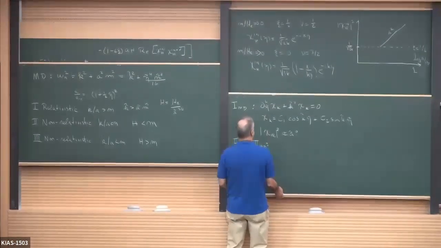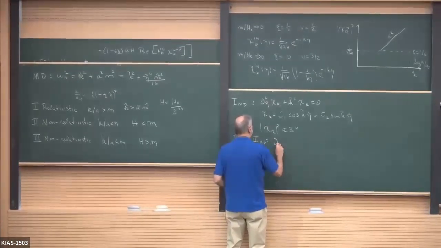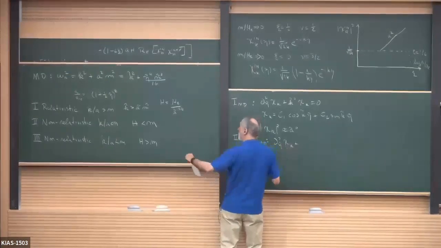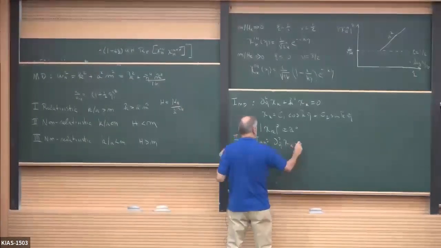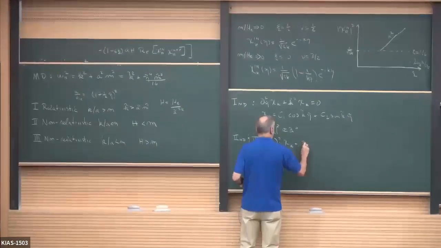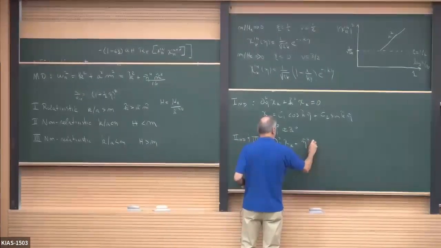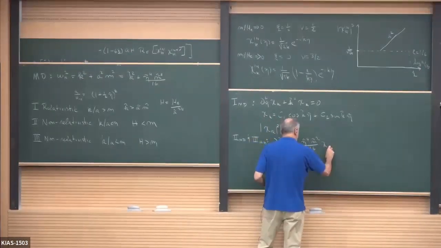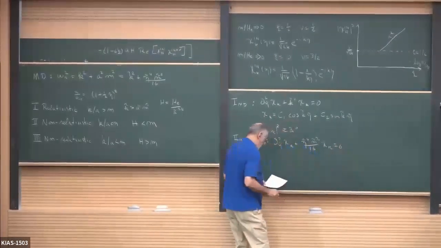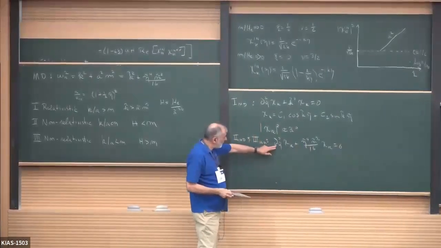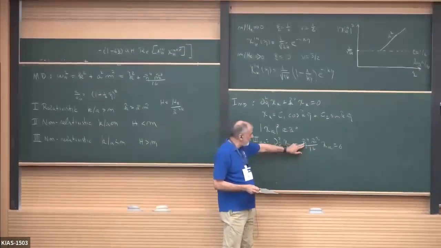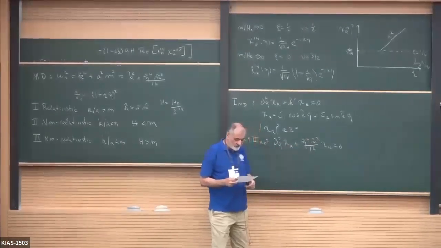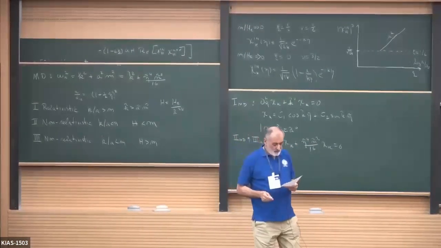There, the mode equation is going to be second derivative of chi k plus eta tilde to the 4th, m tilde squared over 16.